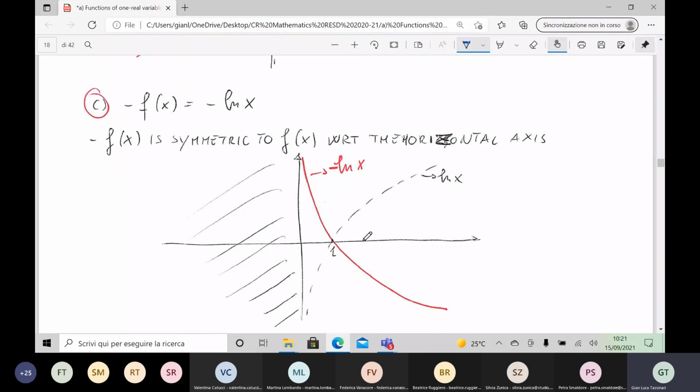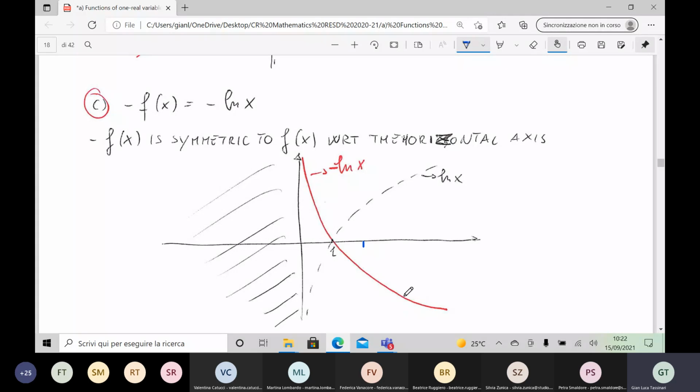Well, for the same value of x, when logarithm assumes, for example, suppose that here is 2, here you have the value ln of 2. Minus f of x will assume the value minus ln of 2. If suppose that here is 3, go above, the vertical distance is ln of 3. Minus f of x will assume minus ln of 3.